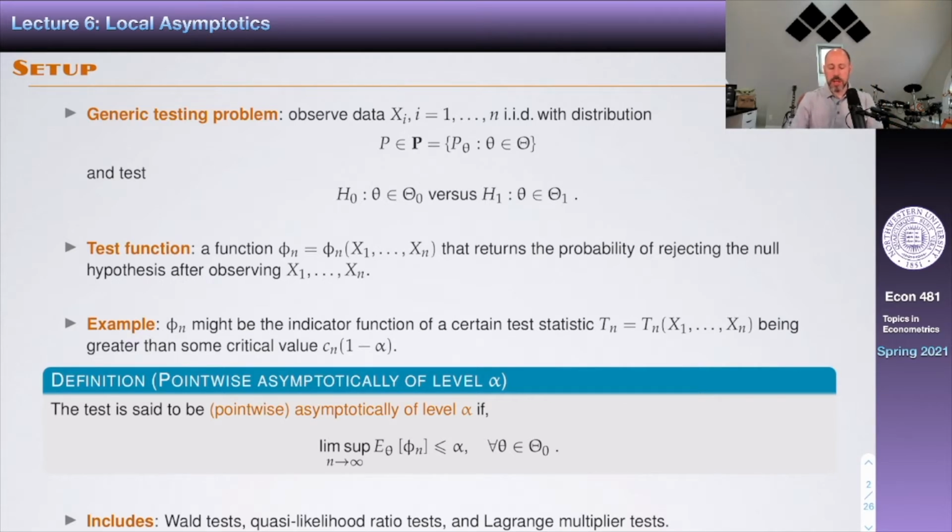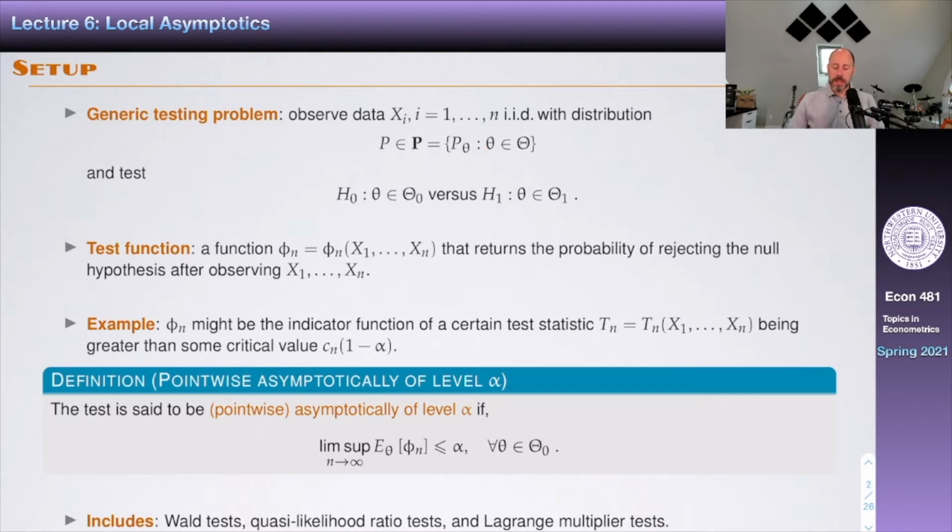All right. So, what's a generic testing problem? We're going to observe some data. I'm going to denote it by Xi. It's going to be IID with some distribution P, and P is going to belong to a family of distributions that I'm going to denote by bold P, which is going to be in turn indexed by a finite dimensional parameter theta.